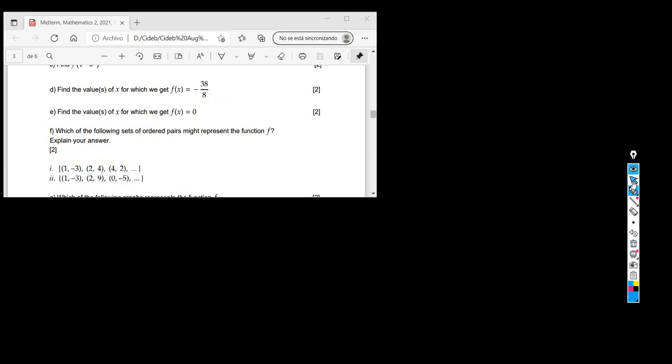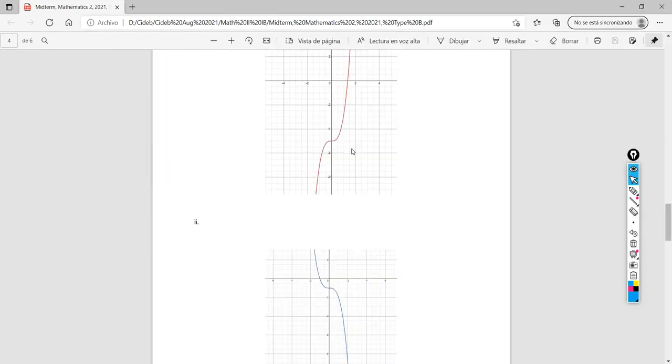And which of the following graphs represents the function f? It's this one, the first one. How do you know? Let me enlarge this thing.